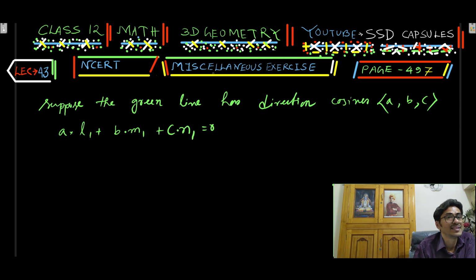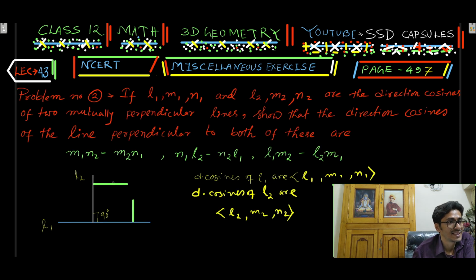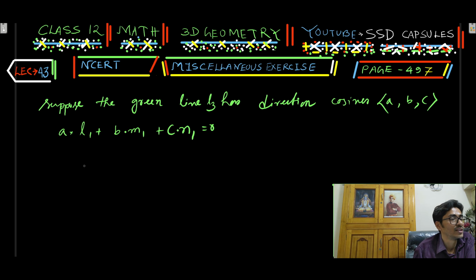Why? Because this green line, say L3, is perpendicular to L1, so L1 into A plus M1 into B plus N1 into C equal to 0. That is the particular case we are using.